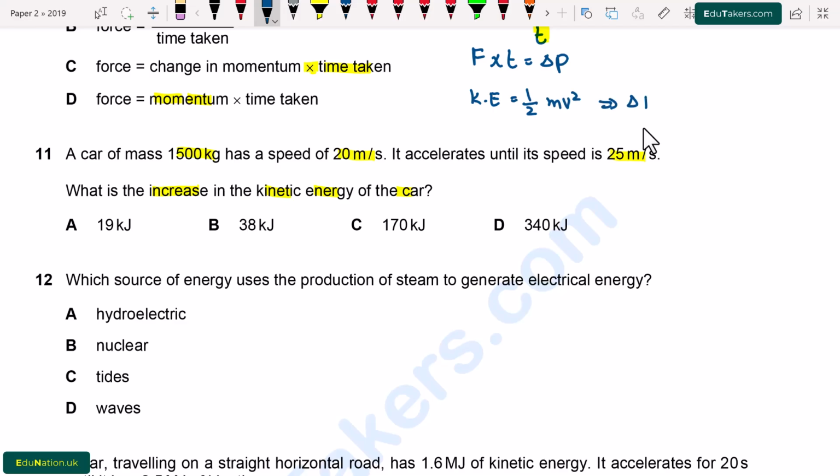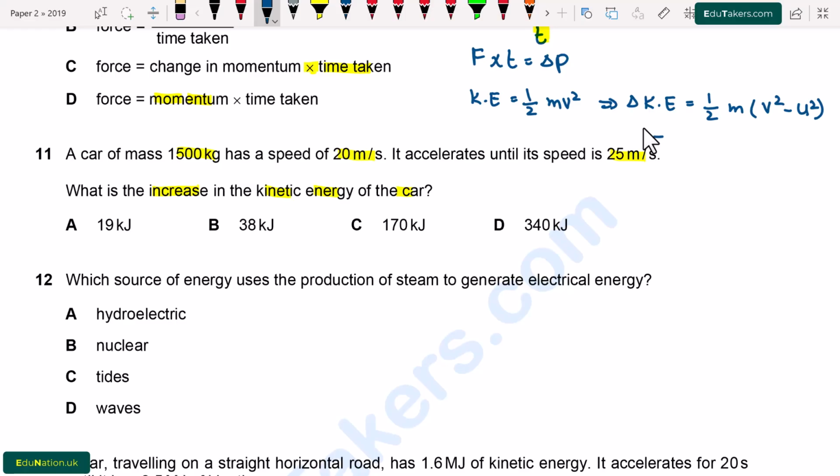But here we have to find out the change in kinetic energy. So the formula modifies to 1 over 2 m (v square minus u square). V square minus u square is basically the change in speed squared, where v is final and u is initial.